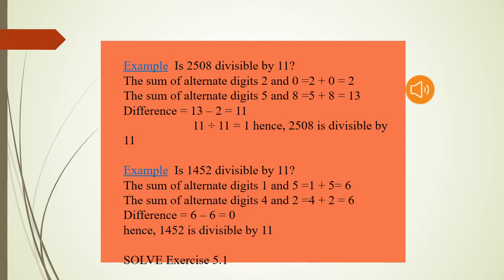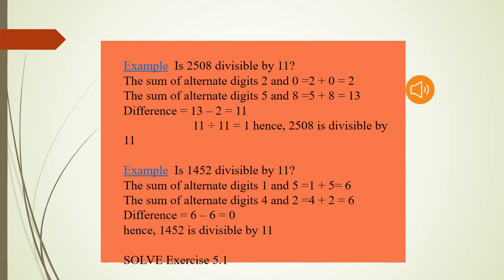Is 2508 divisible by 11? First we will find the sum of alternate digits, that is 2 and 0, that is 2 plus 0 is equal to 2. Next we take the other alternate digits.